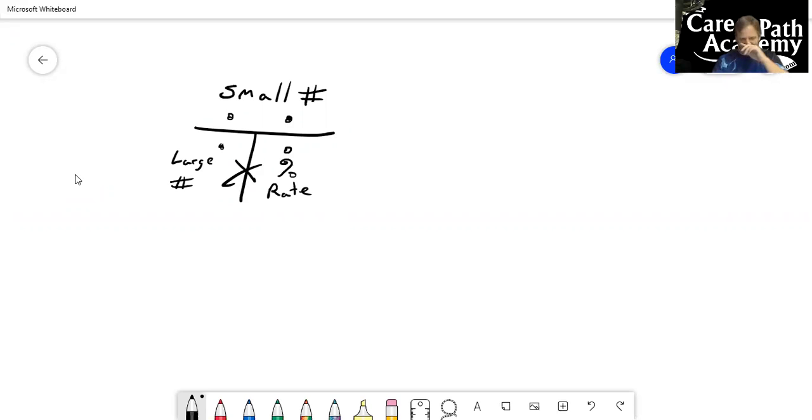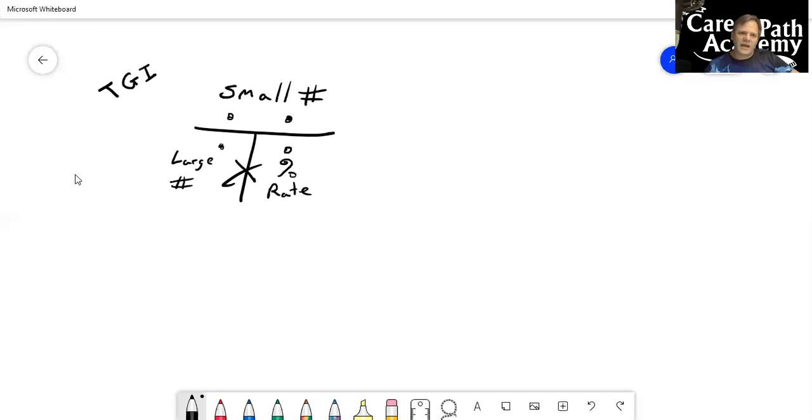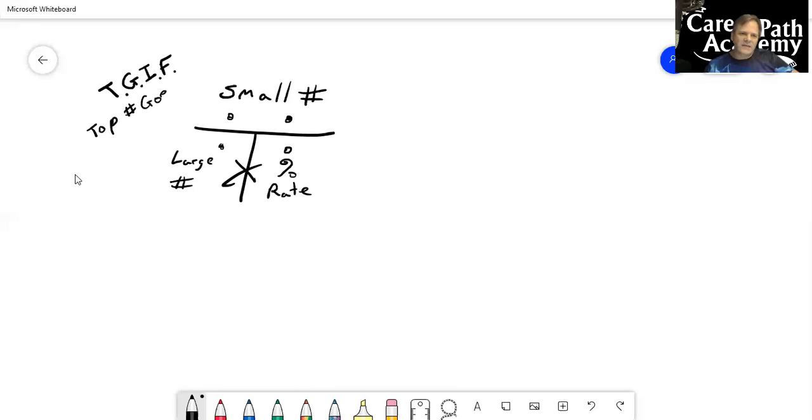There's also a little acronym to help you out when dealing with the calculator: TGIF. No, it does not stand for thank God it's Friday. It means the top number goes in the calculator first.